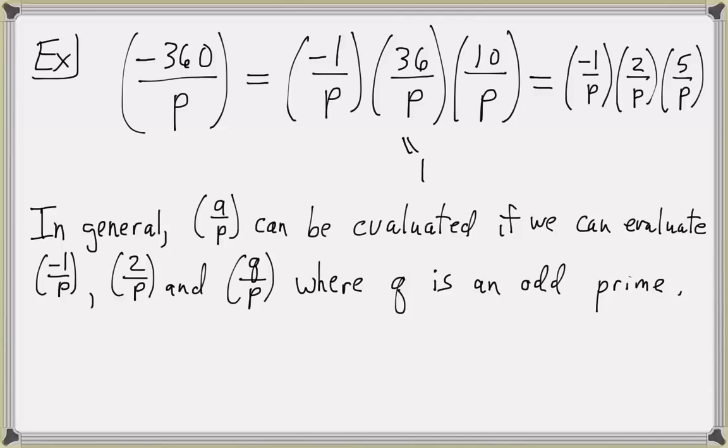It turns out that the last symbol, q over p, can be evaluated with the help of a very fundamental theorem of number theory called the law of quadratic reciprocity. And we'll present this theorem next.